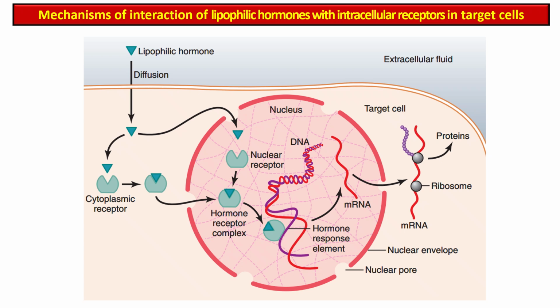This diagram is showing the mechanism of action of lipophilic or fat soluble hormones that act primarily on the genetic machinery of the cell by influencing gene transcription.